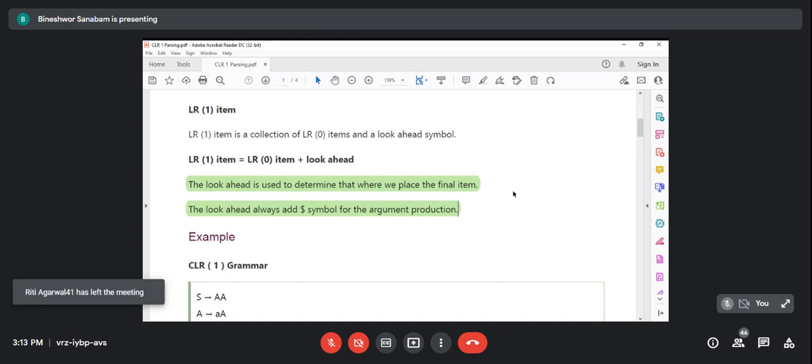That is one point. Another point is that the look ahead symbol will always be dollar for the augmented production. That is, the look ahead of your augmented production is nothing but dollar.